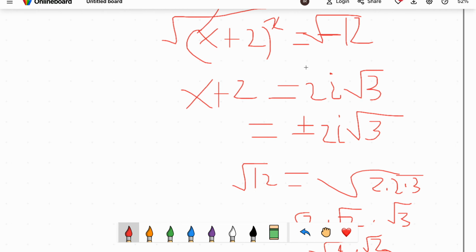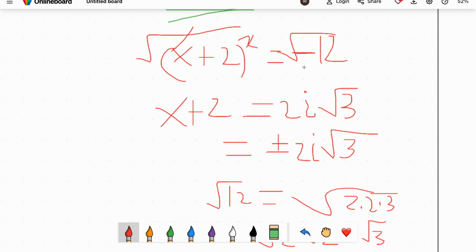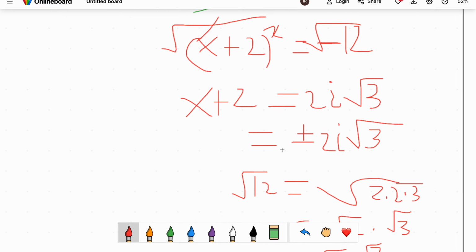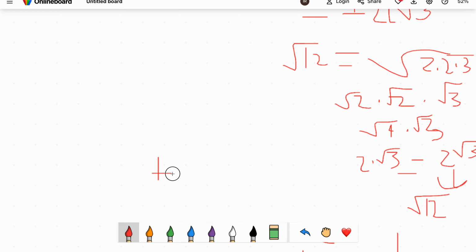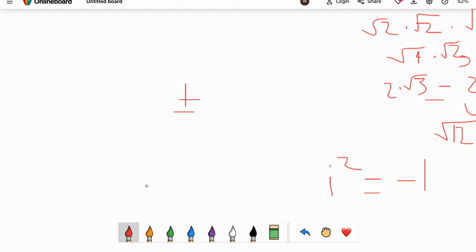Because remember, when you're taking a square root, even if you find an answer to it, we must leave it as plus or minus. You've seen the plus or minus symbol, right? The plus or minus symbol is used in a lot of ways.